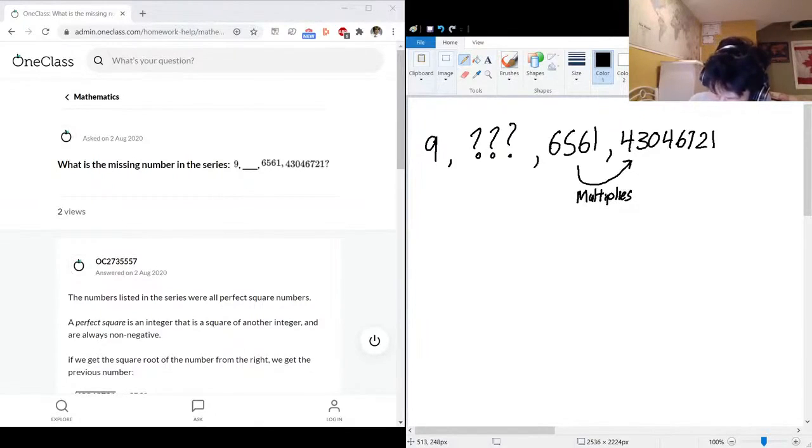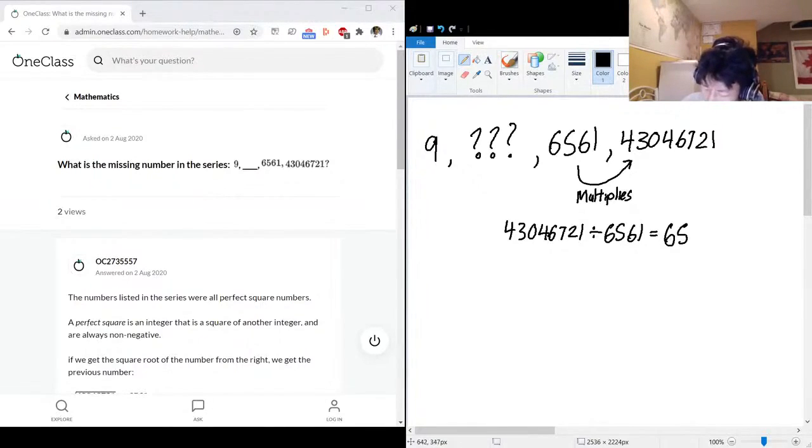So let's do that division. 43,046,721 divided by 6,561 is equal to something that I'll figure out with my handy dandy calculator. 43,046,721 divided by 6,561. And the answer is 6,561.